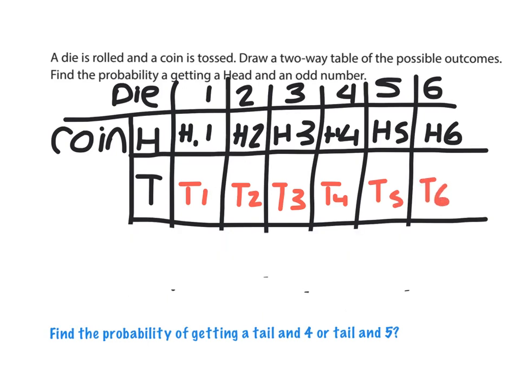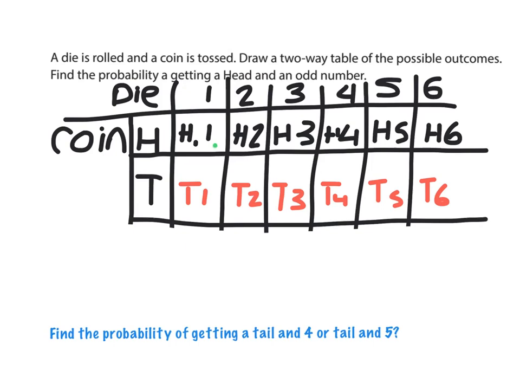Okay, so I'm going to answer the question now up the top. And this question said, find the probability of getting a head and an odd number. Okay, so I need to find out how many times that happens. So I'm just going to mark them with a little green spot. So head and odd number. So H1, is that a head and odd number?